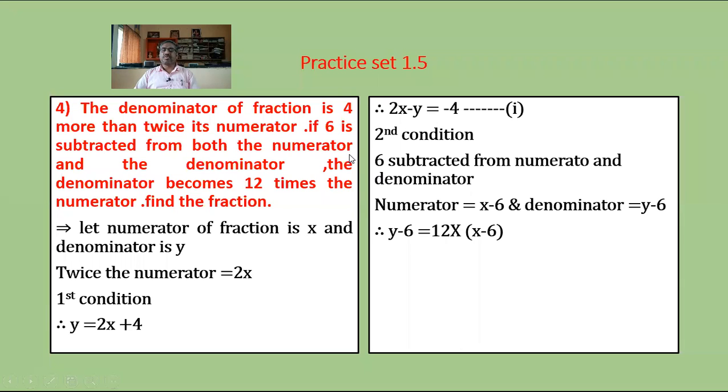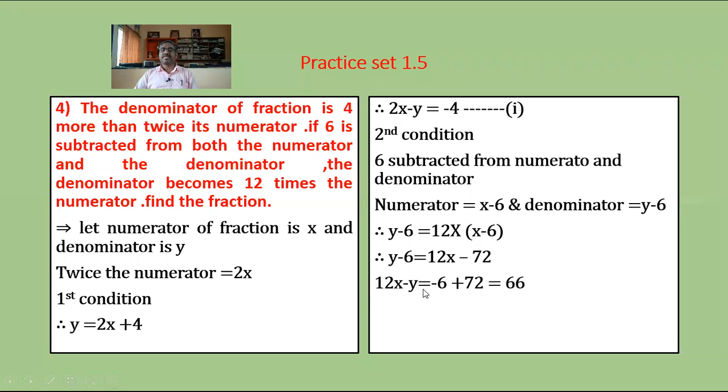When 6 is subtracted from the numerator and denominator, the denominator of the fraction becomes 12 times the numerator. Therefore, y minus 6 is equal to 12 multiplied by the bracket x minus 6. 12 times x is 12x, and 12 times 6 is 72. Therefore, y minus 6 is equal to 12x minus 72. Here y goes to the RHS side, then we get minus.